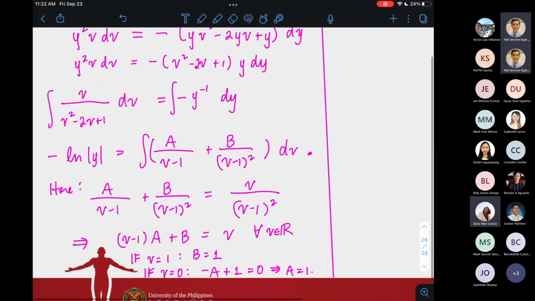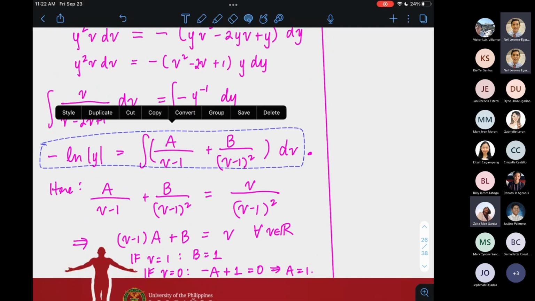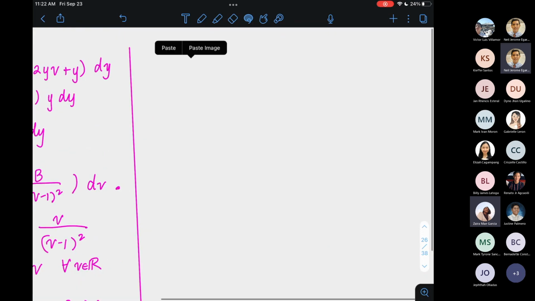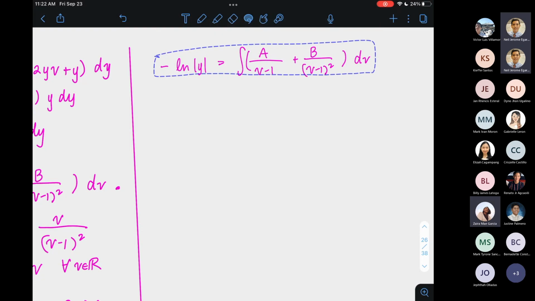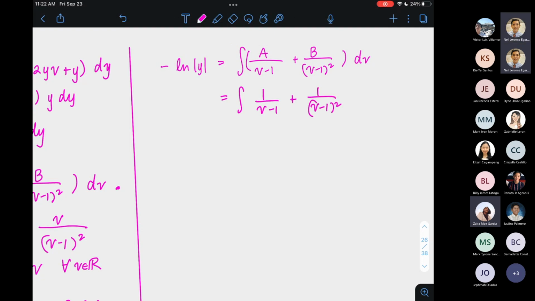So that means dito, copying ko lang to. Pagpatuloy natin yung solution. Okay. So that means this guy will be the integral of 1 over v minus 1 plus 1 over v minus 1 quantity squared dv.